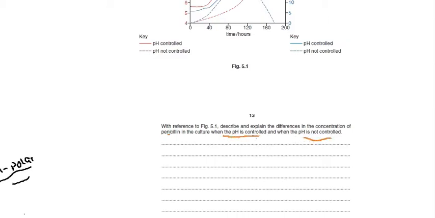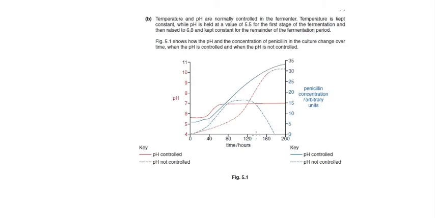When the pH is controlled, the penicillin concentration increases very high, up to about 35, and when the pH is not controlled, the concentration goes very low.